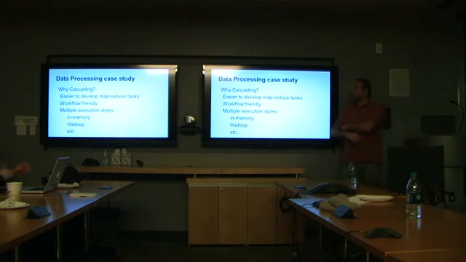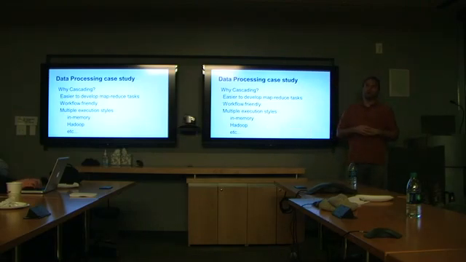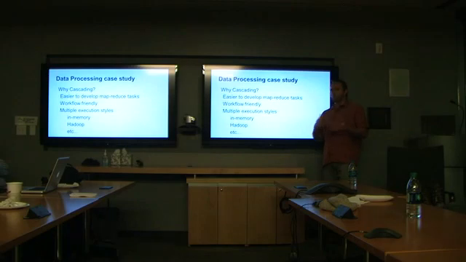Let's talk about it now. So it's an API that makes it easier to develop these MapReduce tasks. You don't have to understand all the gnarly bits of Hadoop, but it also has multiple execution styles, so it can run on Hadoop or in memory, and that's pretty cool because we want to have this interactive experience as well. Hadoop is not really an interactive technology. We want to be able to scale out for big jobs, but let you interactively work with the system to build your workflow.